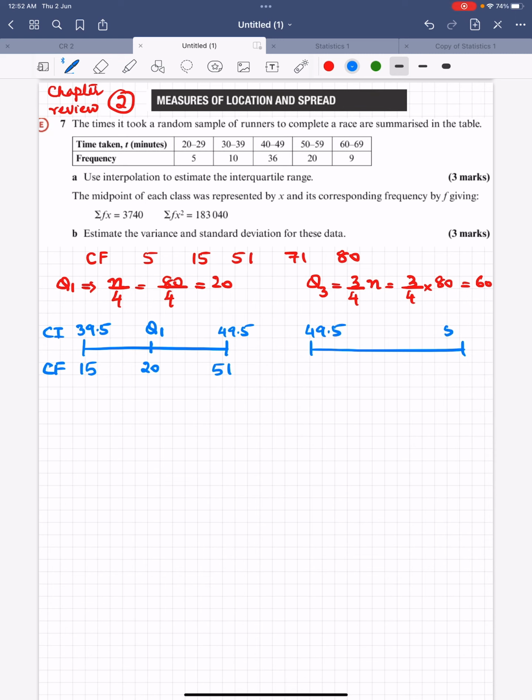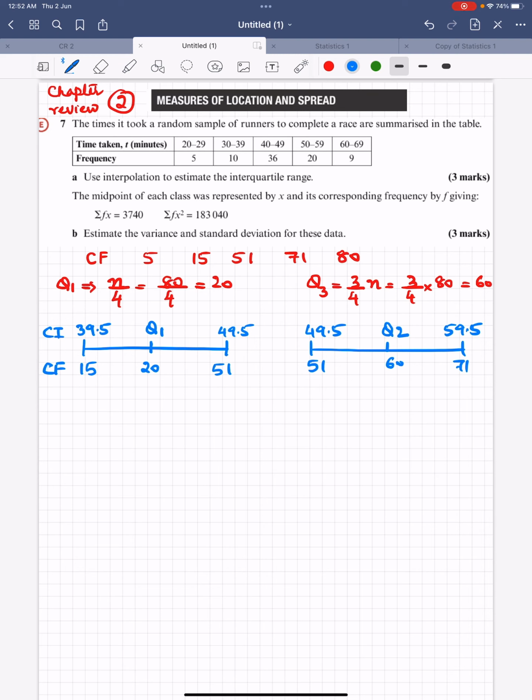We are looking for the value Q3, and the cumulative frequencies at the start and at the end of the fourth class interval are 51 and 71. So 51 and 71, and we are looking for the 60th value.